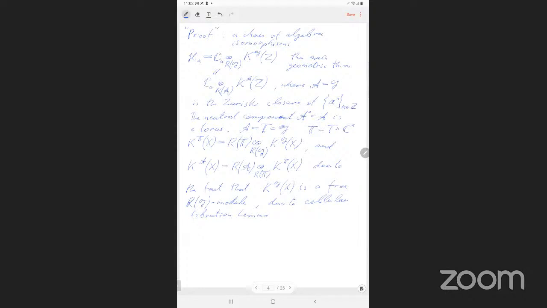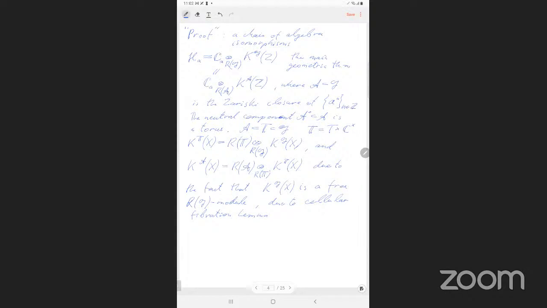Everything splits into cells, and for a cell, the equivariant K theory is the same as for a point, and for a point, the equivariant K theory is just the representation ring. Okay, so this was an explanation of this upper equality here. Fine. So now we know this equality.